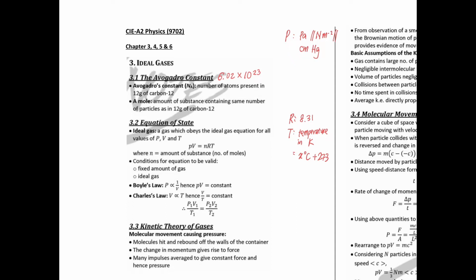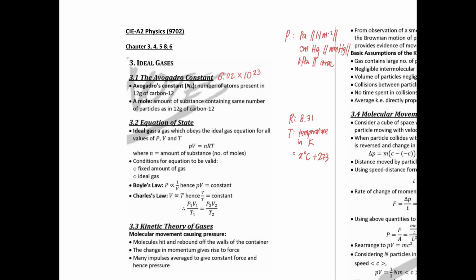Sometimes you can also see kilopascal, or maybe atm, atmospheric pressure. So 1 atm, those kinds of units. So there are so many ways to talk about pressures in different units.